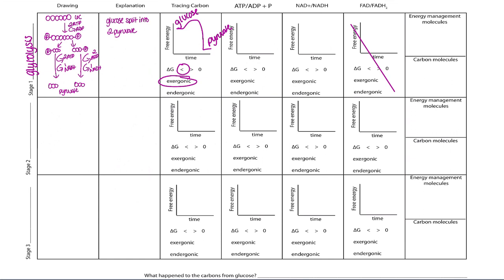Overall, here we're talking about our net energy management molecules. We take ADP plus a phosphate group and we make ATP. ATP has a much higher free energy than ADP does. Therefore, this is going to be an endergonic reaction and delta G is greater than 0.